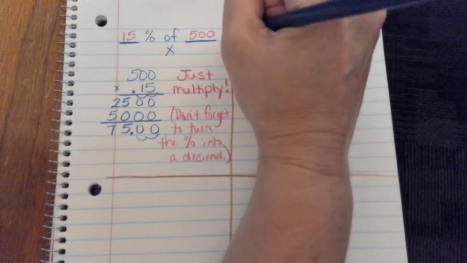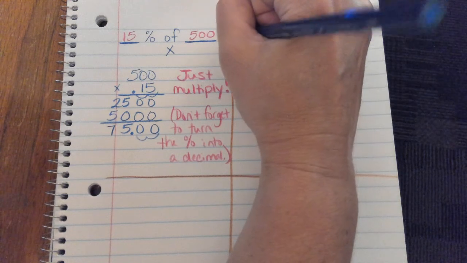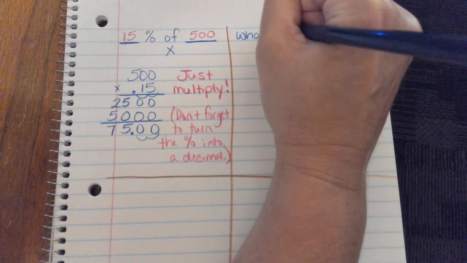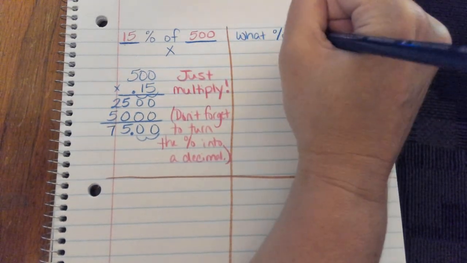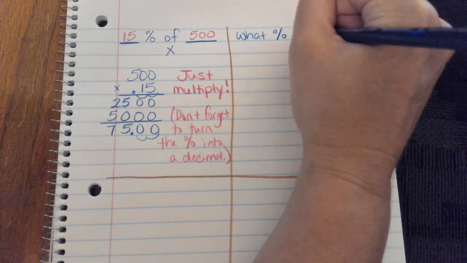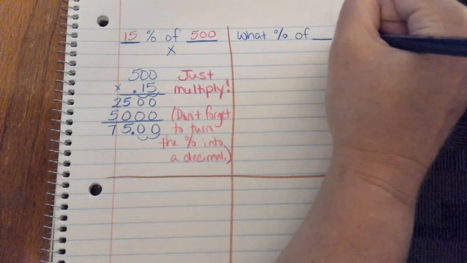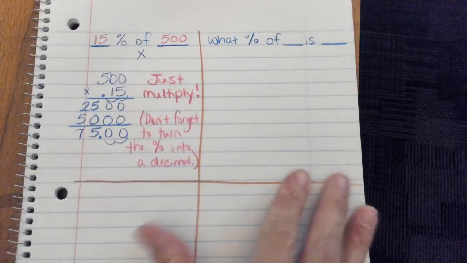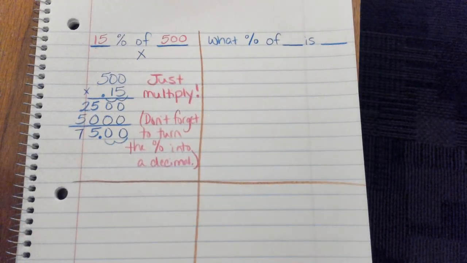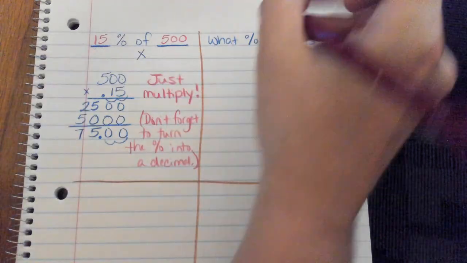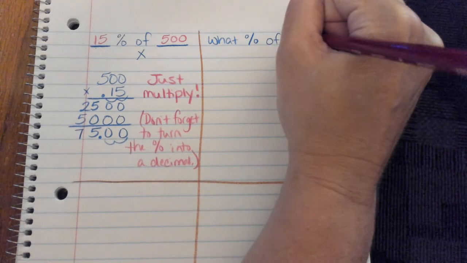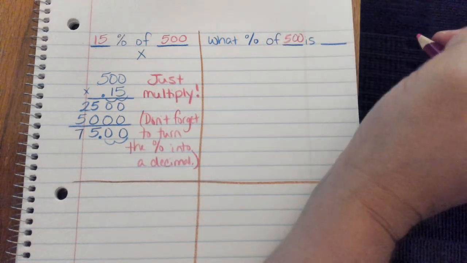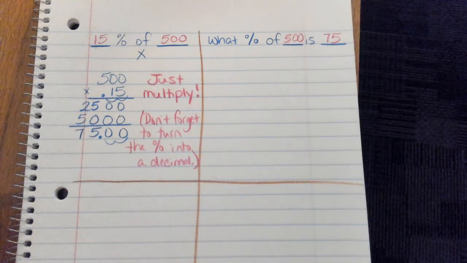But sometimes they'll say, what percent of something is something? So they might say, what percent of 500 is 75?